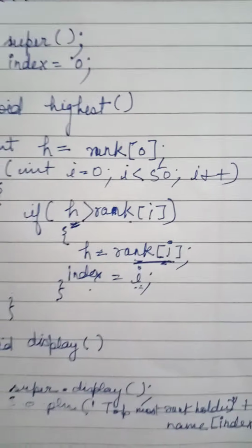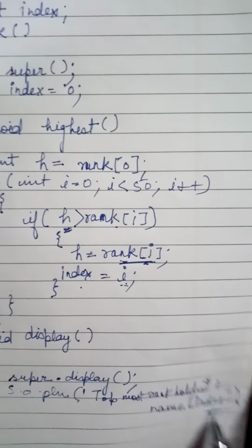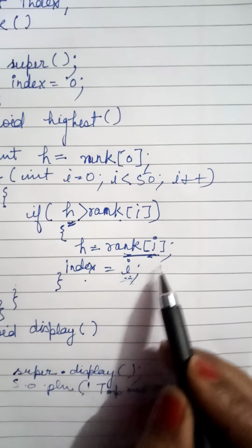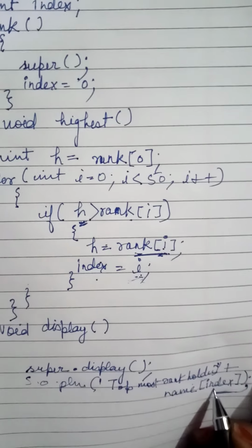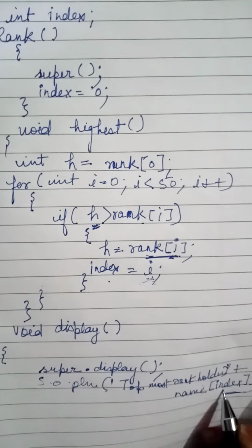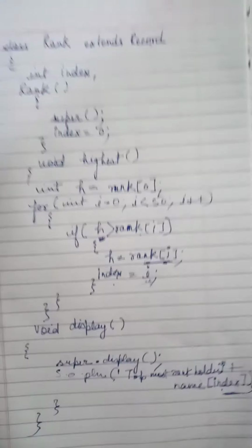Okay, the topmost rank holder, name[index]. Index is having the index of the topmost rank. So through this statement you can display the name of the topmost rank holder. Now close this function display and the class Rank.